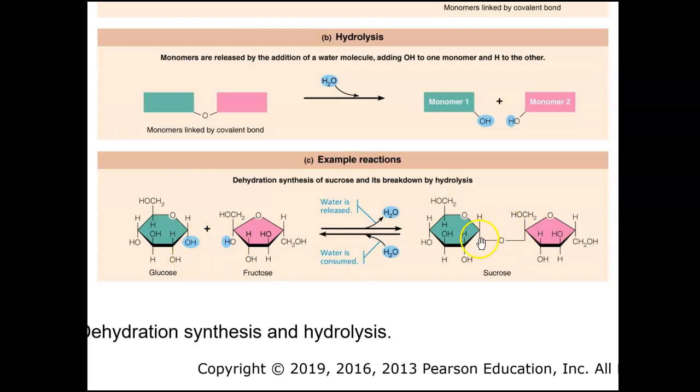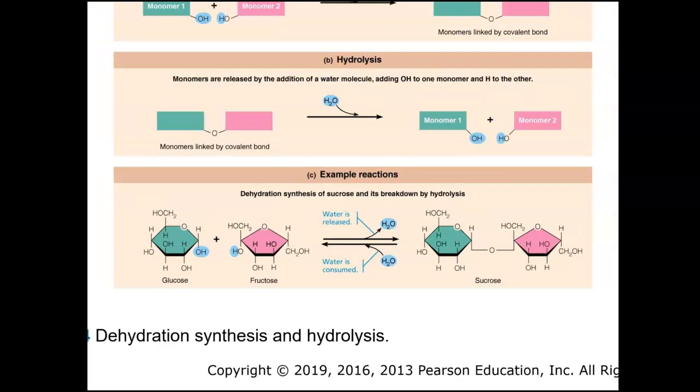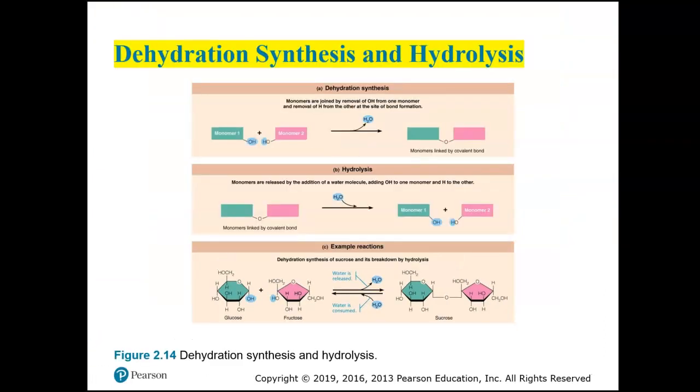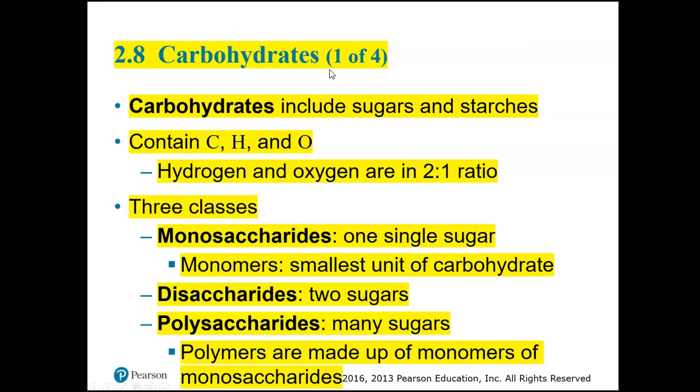At this intersection right here, you're going to add a hydrogen there and an OH there, and that will break apart the sucrose into fructose and glucose, and that is hydrolysis. Anytime that you have any of these large molecules that we're studying, whether they're carbohydrates, lipids, proteins, or nucleic acids, when they break down, it's called hydrolysis. When the larger ones are made or synthesized, we call it dehydration synthesis.